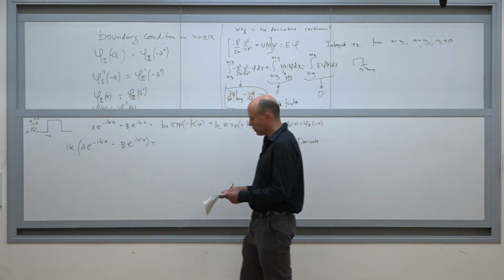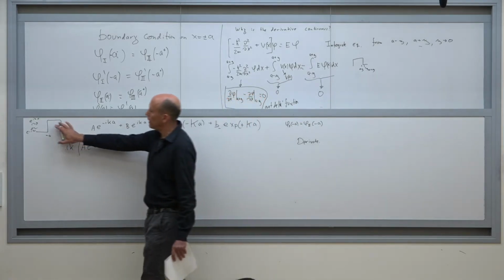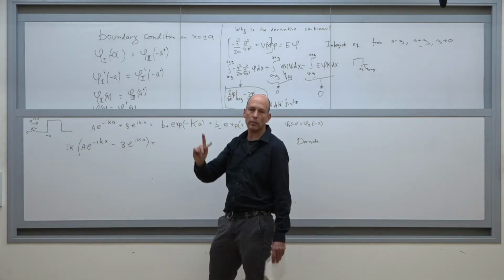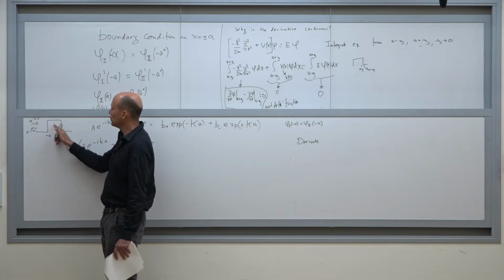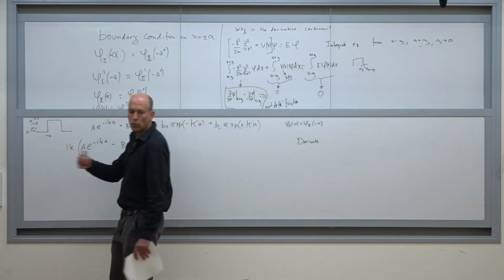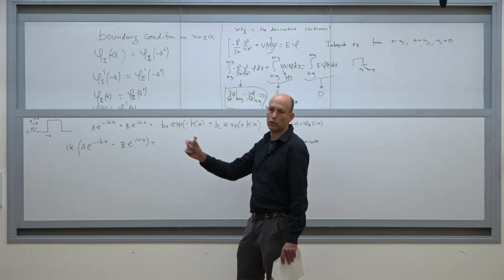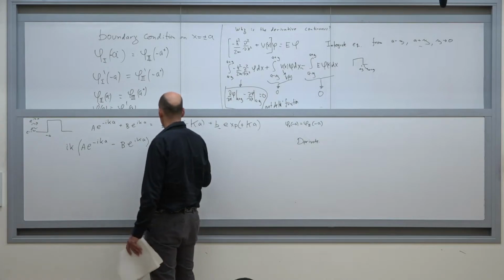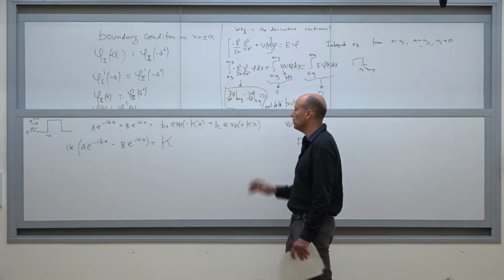And a similar thing will happen here. The solution inside here, I remind you, was exponentials with kappa x and minus kappa x. So when I take derivatives in this region, what is the derivative of an exponential? You get kappa times the exponential. It doesn't matter if you have a plus or a minus. But eventually you have this kappa, which is related to the potential V0.